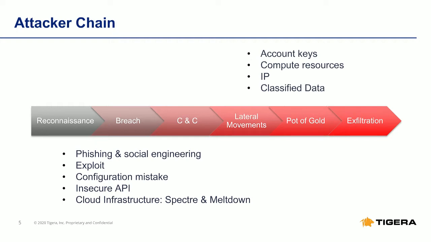There could be cloud infrastructure vulnerabilities, notably Spectre and Meltdown, where the attacker is a tenant like other organizations on a public cloud, and rather than exploiting a targeted organization, the attacker exploits a flaw in the underlying hardware layer.